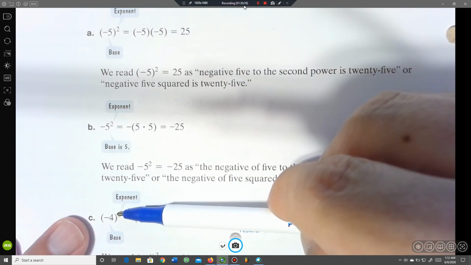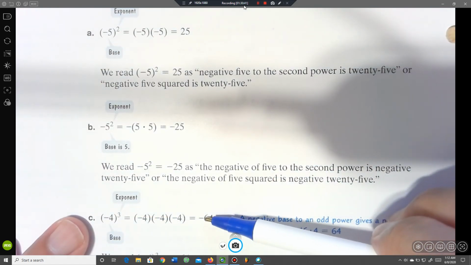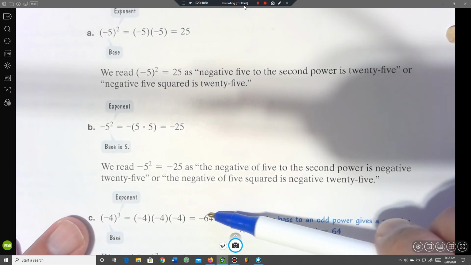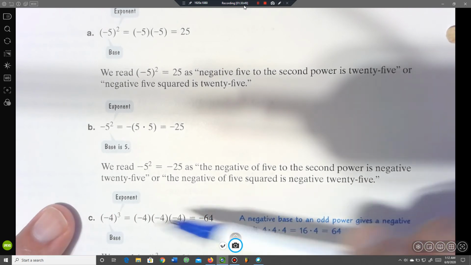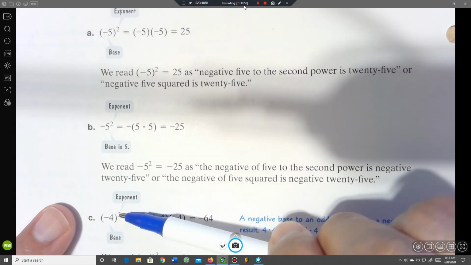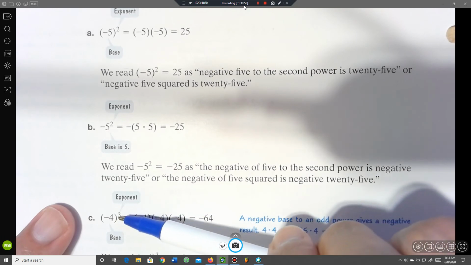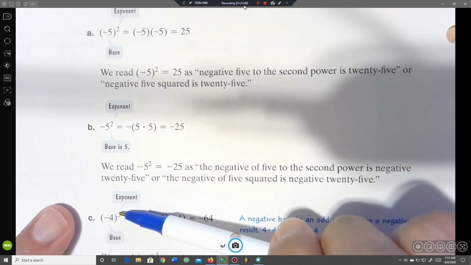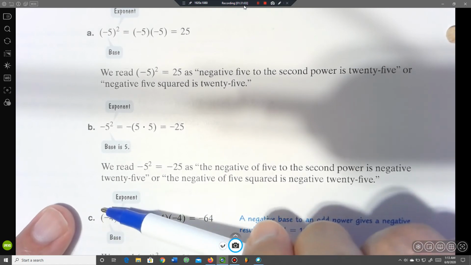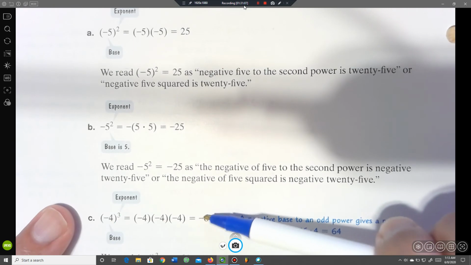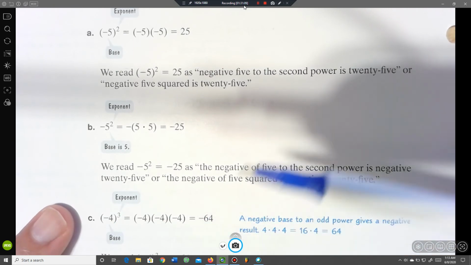Here, since you have an odd exponent, the sign is still going to be included in the answer. It doesn't make a difference if you have something like 21 or 25. If it's odd and the sign is included inside the parentheses, you're still going to have to include it at the end.